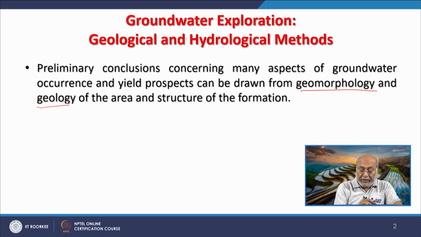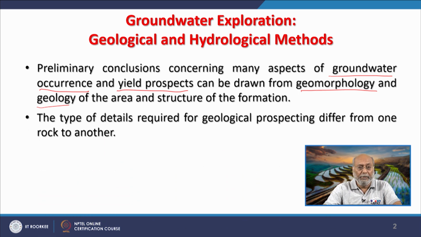So, geomorphology is an important one, and of course geology. The purpose of all these exploration techniques is to search for groundwater occurrence and the yield prospects: how much water we will be getting, and for how long.